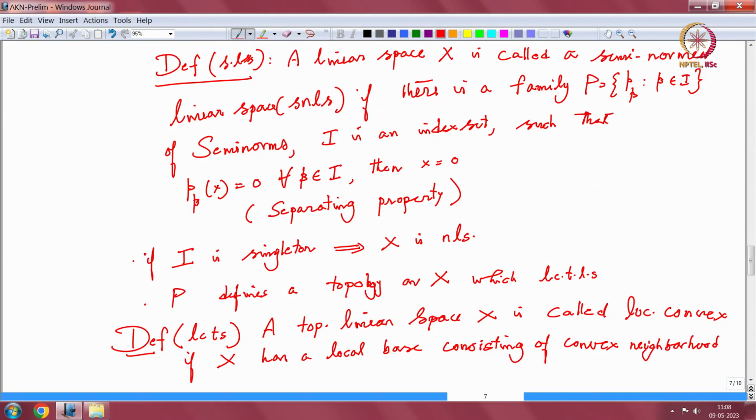So, you have for points a neighborhood system which generates the topology, the local base consisting of convex elements.